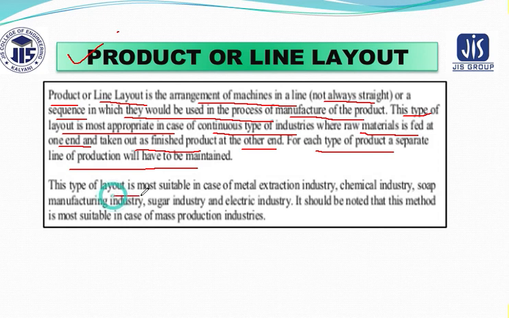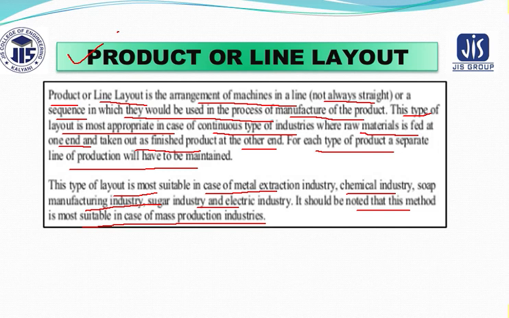Now this type of layout is most suitable in the metal extraction industry, chemical industry, soap manufacturing industry, sugar industry, and electric industry. It should be noted that this method is more suitable in the case of a mass production unit. When we are talking about mass production, you are all aware of the term, isn't it? In my previous lecture I have already explained the mass production industry.